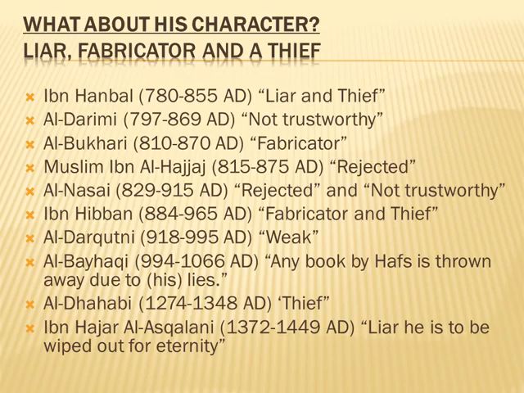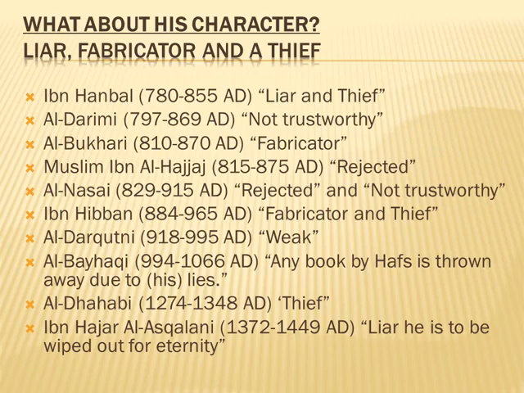By way of a few examples, Ibn Hanbal called him a liar and a thief. Ad-Darimi says he is not trustworthy. Al-Bukhari in his book Tarikh al-Saghir says that he is a fabricator. Muslim ibn al-Hajjaj says he is rejected. An-Nasai says he is rejected and not trustworthy.